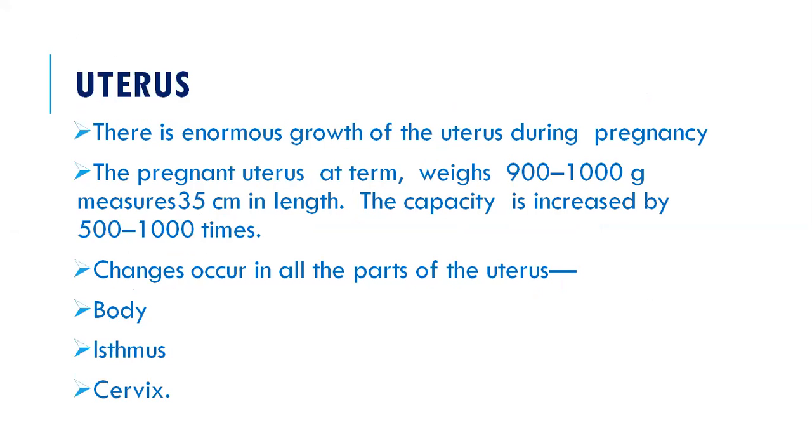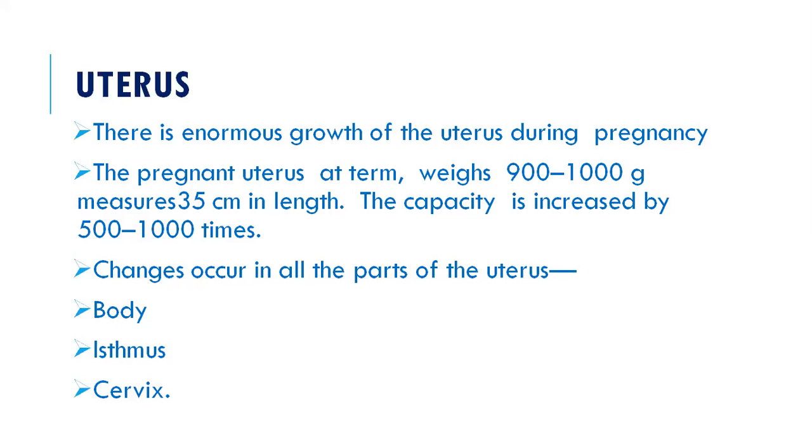Then changes in the uterus. What happens to the uterus? There is enormous growth of the uterus during pregnancy. The pregnant uterus at term weighs 900 to 1000 grams, whereas the non-pregnant uterus weighs around 80 grams.